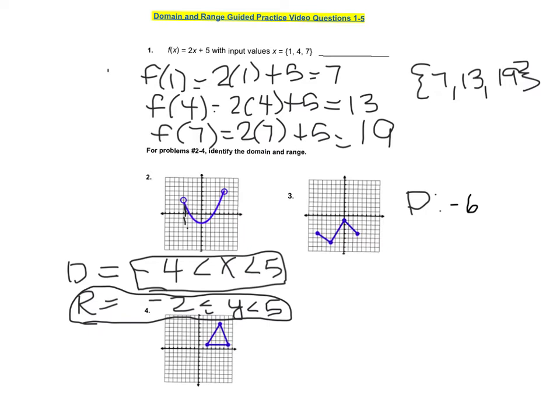So let's check. Notice that this is a solid, a closed point. So we're going to make sure this is less than or equal to. Then we're on the x-axis, so it's going to be in between x. Now let's go to the furthest point on the x-axis, which will be right here, and that is a closed point.